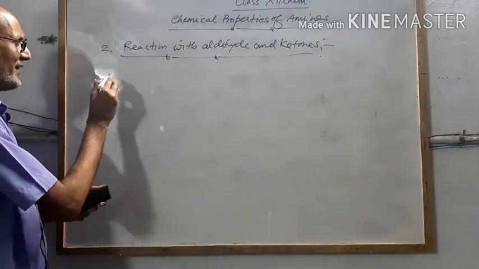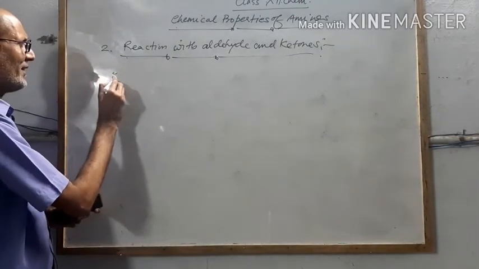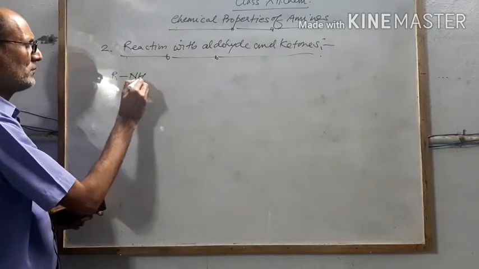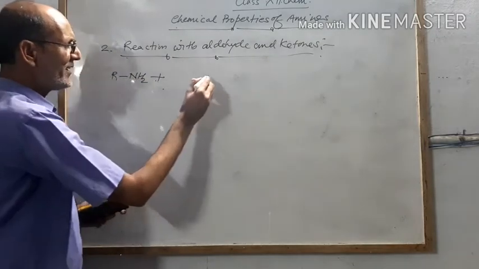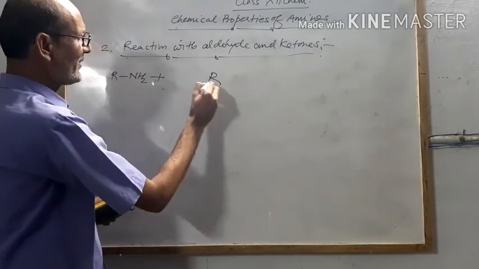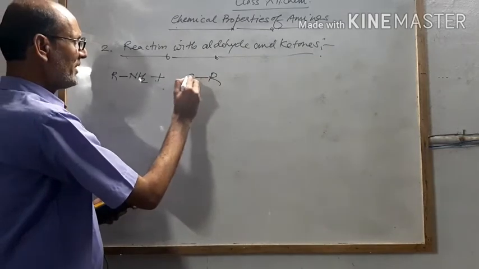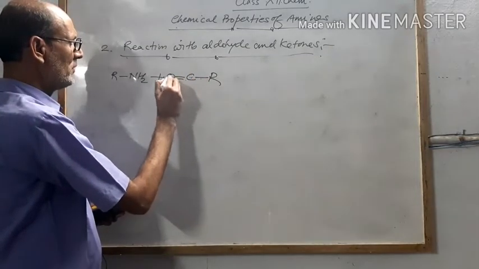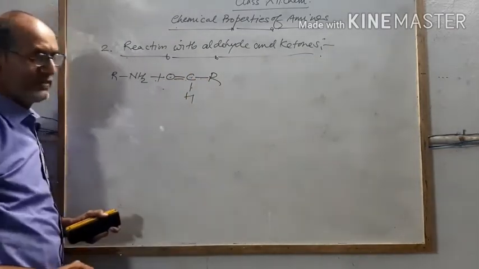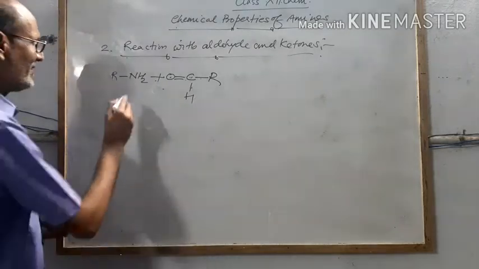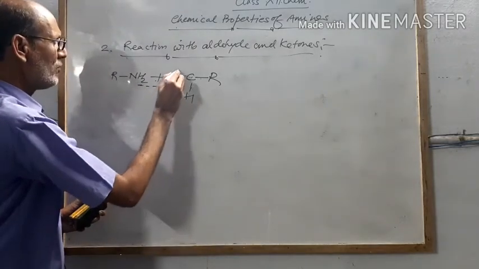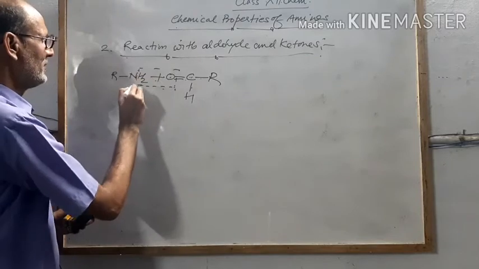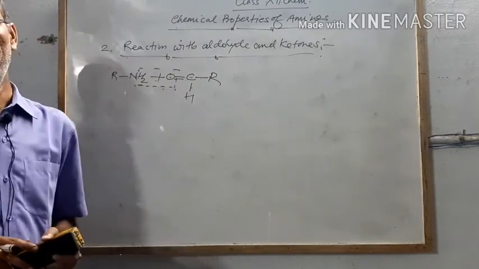How does the reaction take place? See here, R single bond NH2. When an aldehyde reacts, I am writing like this so it will be convenient for you. This is the aldehyde. This H2 and this O will be removed in the form of water.